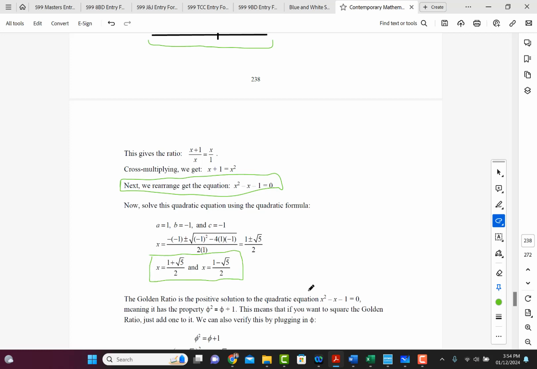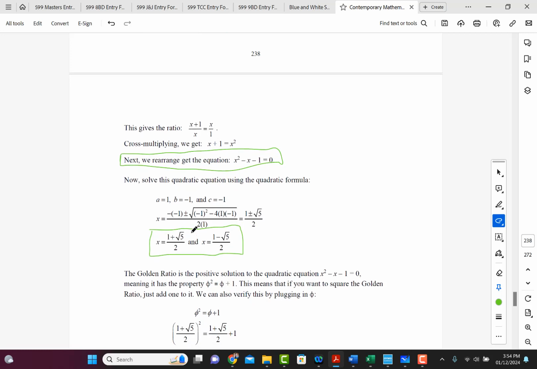The golden ratio is a positive number. So that means what? Okay, so it has to be a positive solution.